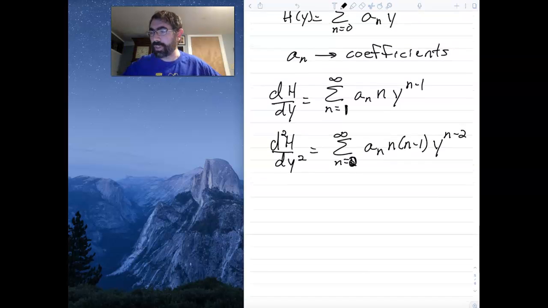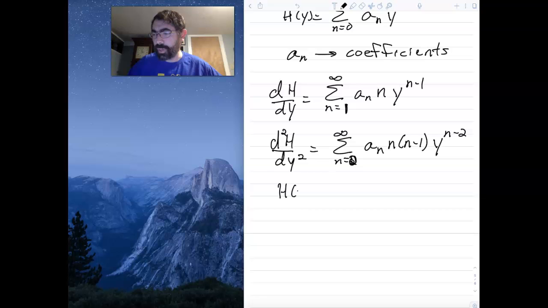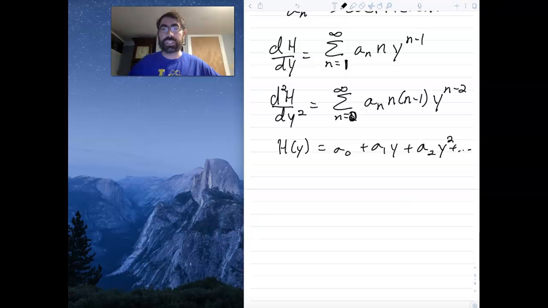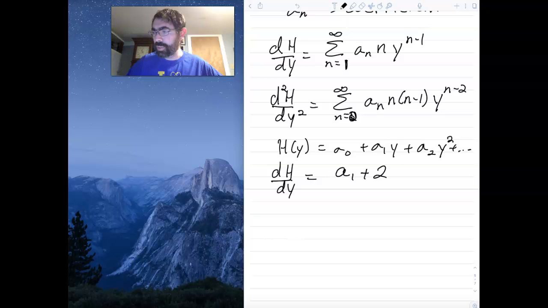Okay, so how do I know that? Well, if I wrote out my polynomial as a_0 plus a_1 y plus a_2 y squared plus dot dot dot, then the first derivative will give me a_0 as a constant, it disappears. I get a_1 plus 2 a_2 y plus 3 a_3 y squared plus dot dot dot.